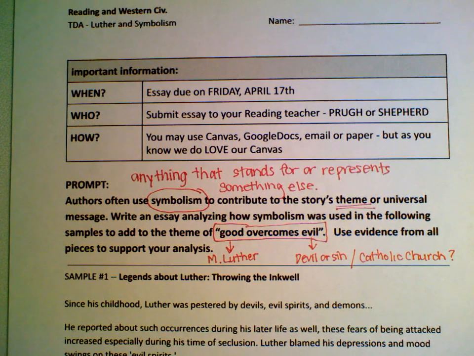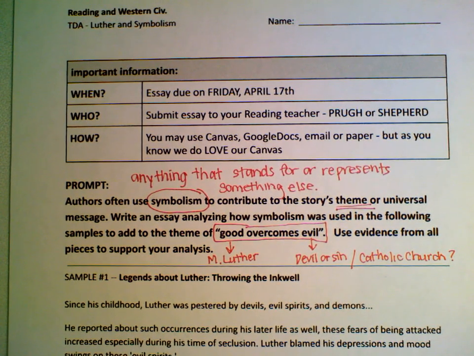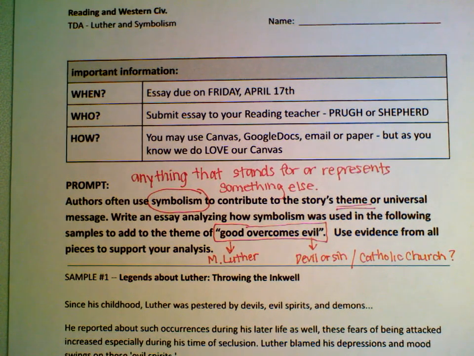Okay? Could be any number of those things when we're talking about good overcoming evil. Now, I'm not saying that the Catholic Church is evil or that Martin Luther is good, but in this case that's kind of what we're looking for.